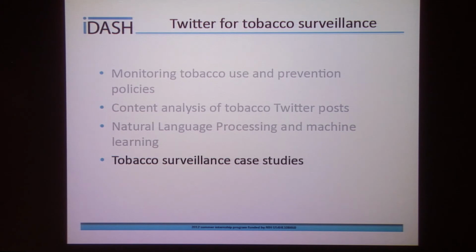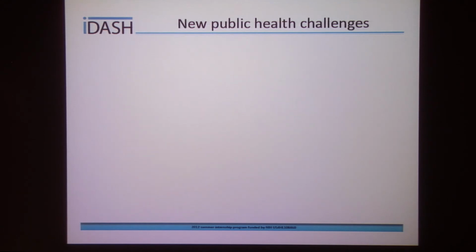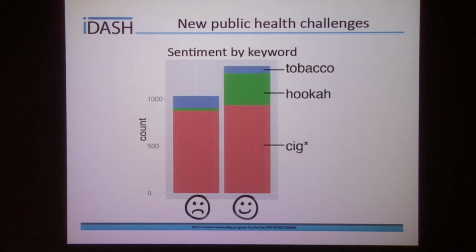So finally, just three short case studies on the basis of the hand-annotated data. Those are the new public health challenges, understanding positive sentiment toward tobacco, and evaluating public health campaigns. So the new public health challenges. Just looking briefly at the keywords that show up and how they break down by sentiment.